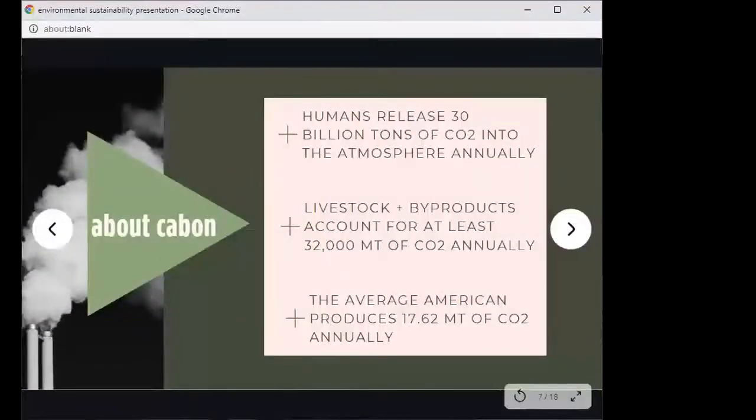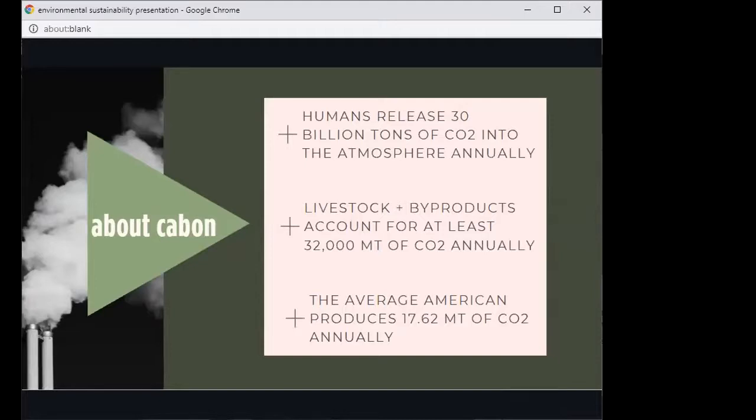So specifically about carbon, you've probably heard a lot about it. It's got a bit of a buzz around it right now. And that's because carbon is the harmful gas that we produce the most of, with each of us Americans being responsible for producing, on average, about 17.5 megatons of CO2 annually.